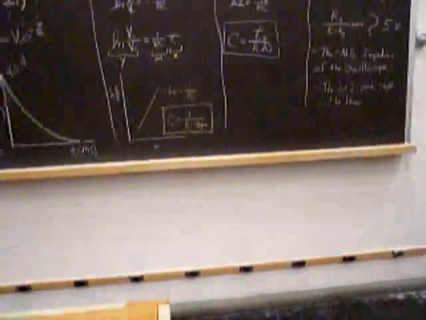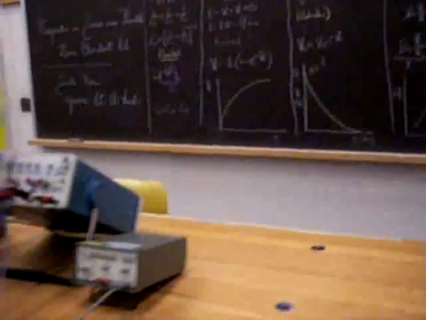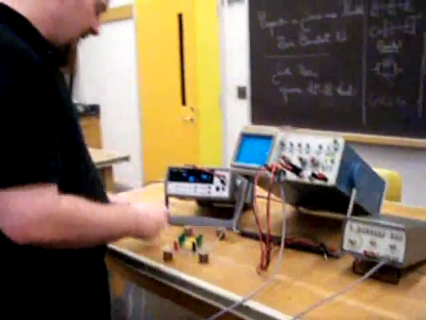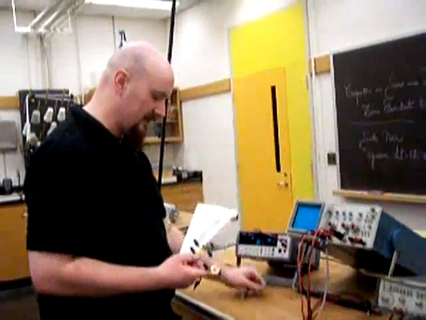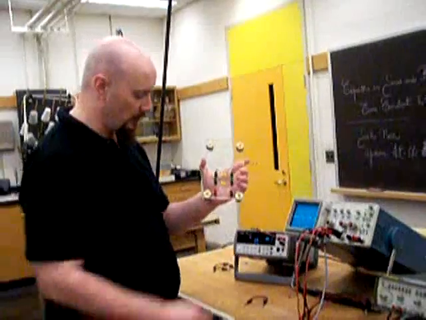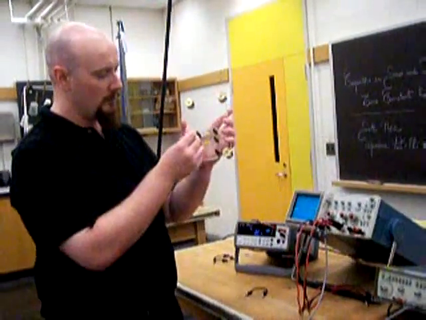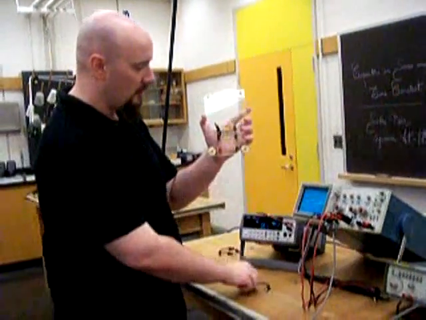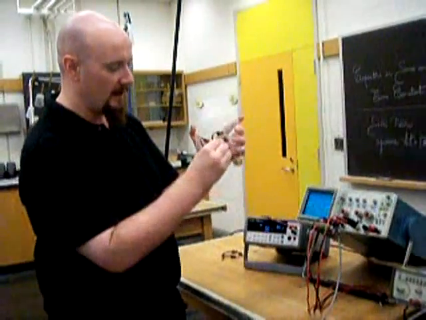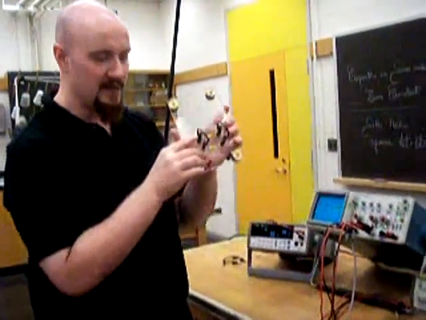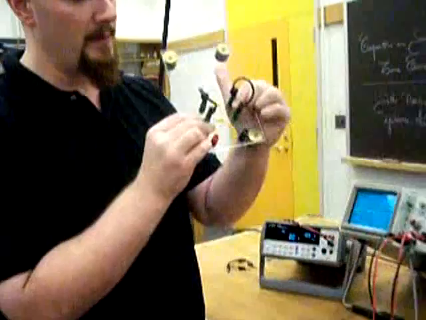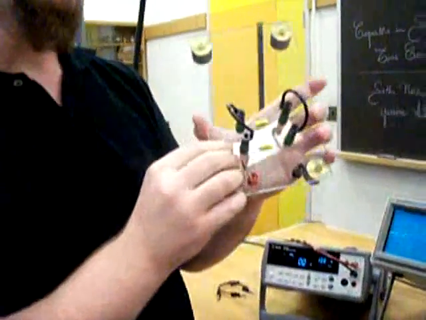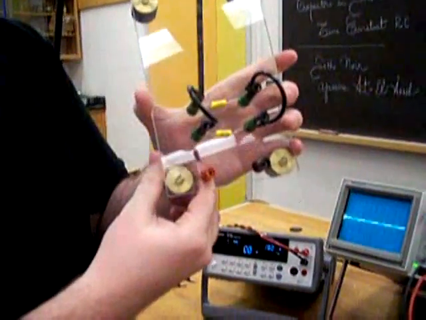All right, next, we want to do the same thing, except we want a parallel setup. So, here, and then here, and then here. These two capacitors are now in parallel. They share the same potential drop across them.